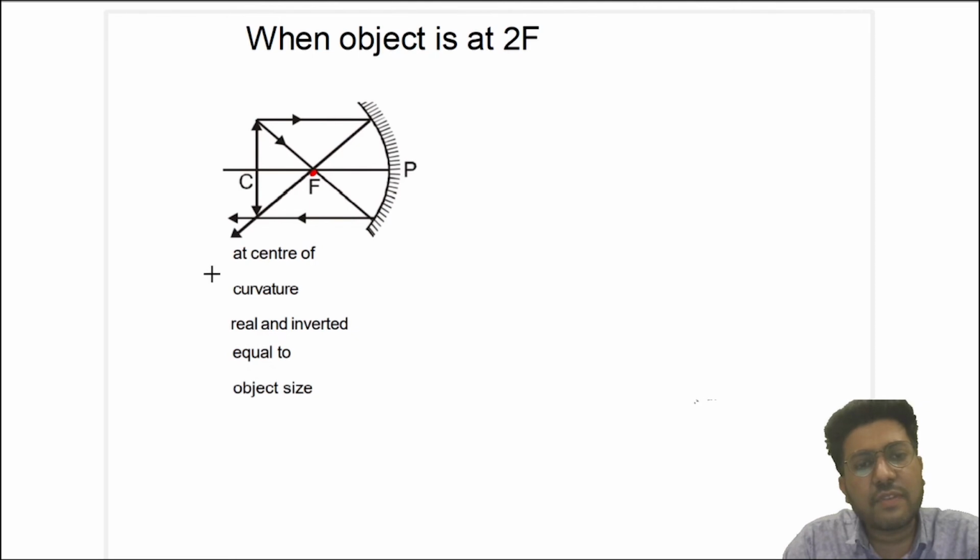Now this is a reflected ray, this is a reflected ray. The intersection of the two reflected rays will give you the image, right? And you can see here the image is formed at the center of curvature only. So when the object is at 2f, the image is at 2f, or you can say the image is at the center of curvature. This image is real, inverted and same size. Same size means the size of the image is the same as the size of the object.